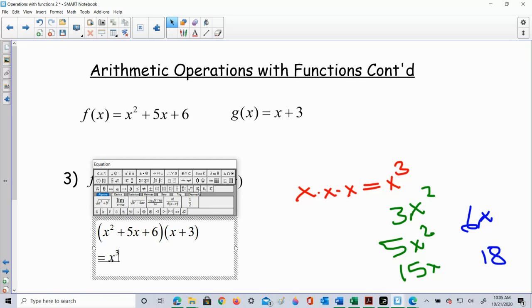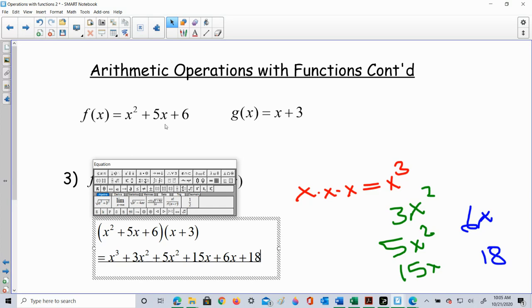Then I had a 3x squared plus 5x squared plus 15x plus 6x plus 18.